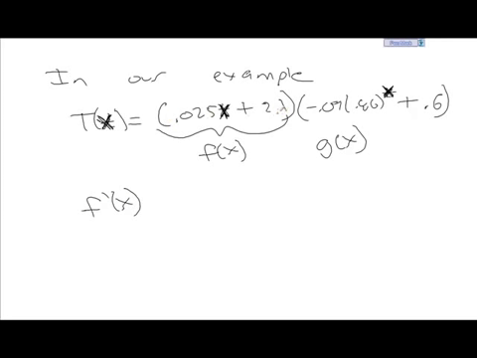So what's the derivative of 0.025x plus 2.1? Well, using the power rule, the derivative of 0.025x is 0.025. Derivative of 2.1 is 0. What's the derivative of g of x?